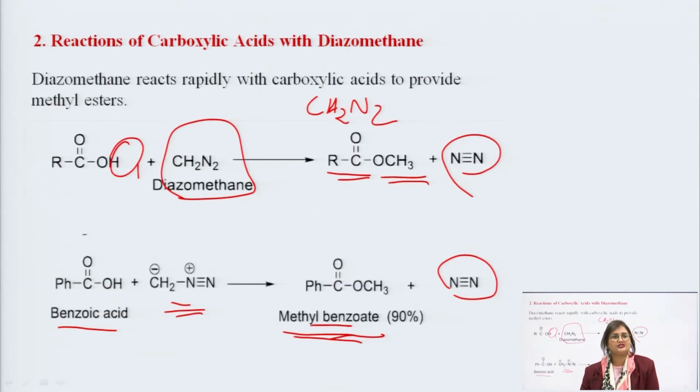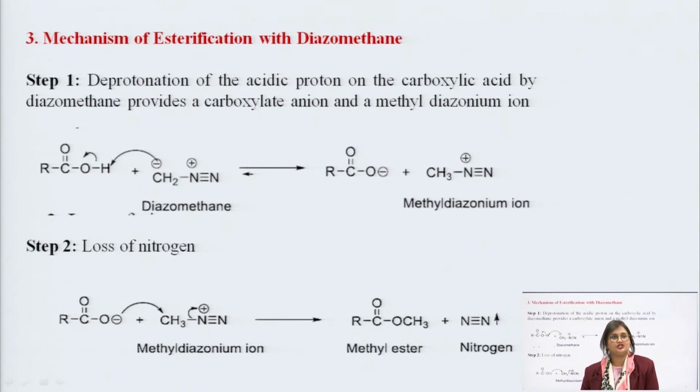Similarly, carboxylic acid reacts with a strong base like diazomethane to form the corresponding product with the removal of the acidic hydrogen atom. Now, the mechanism involved here is, first, deprotonation of the acidic proton on the carboxylic acid.